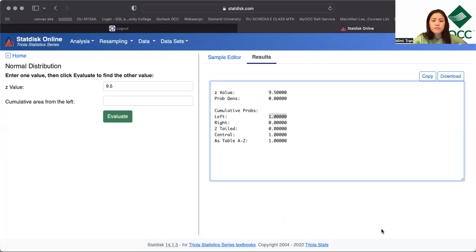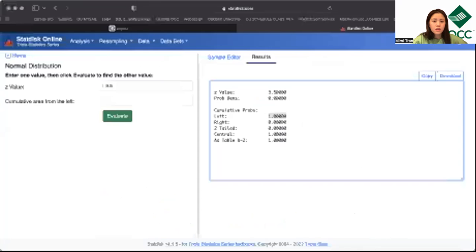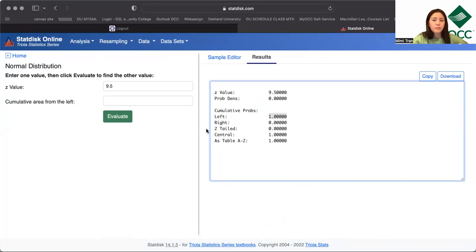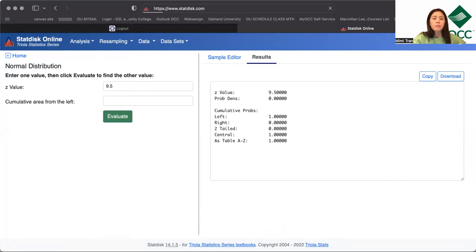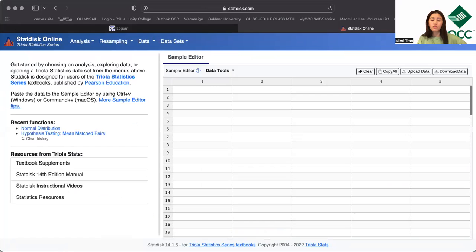I think you can see it now. All right, let me go from the beginning. It's called statdisk.com. It's free. It comes with the book the OCC uses for statistics. If you go to statdisk.com, you should see something like this.